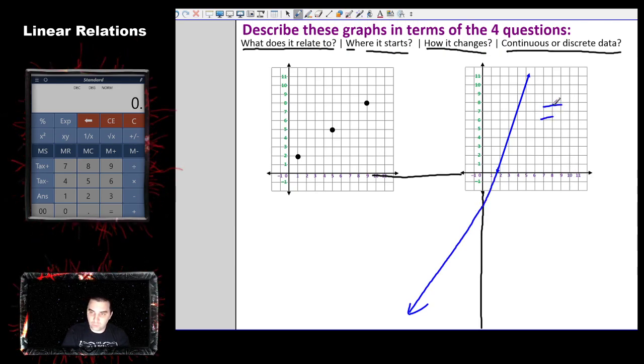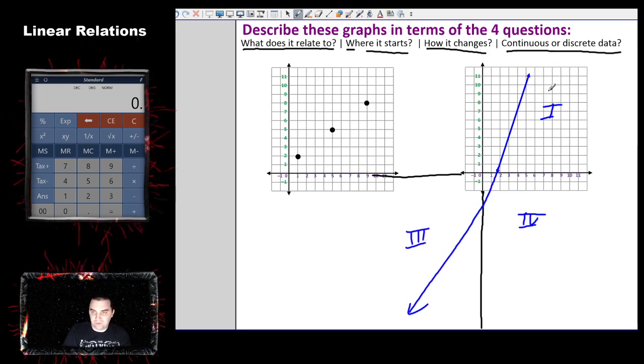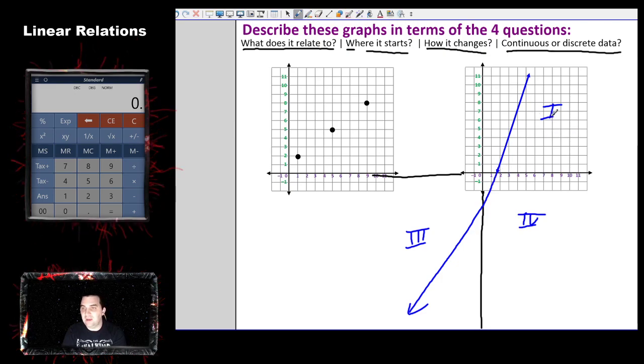So we're in quadrant 1, and we are also in quadrant 4, and we are in quadrant 3. Whether you say it starts in quadrant 3, goes to quadrant 4, and then through quadrant 1, or backwards, either way it works. Just make sure you're saying that it goes through quadrant 1, 4, and quadrant 3.